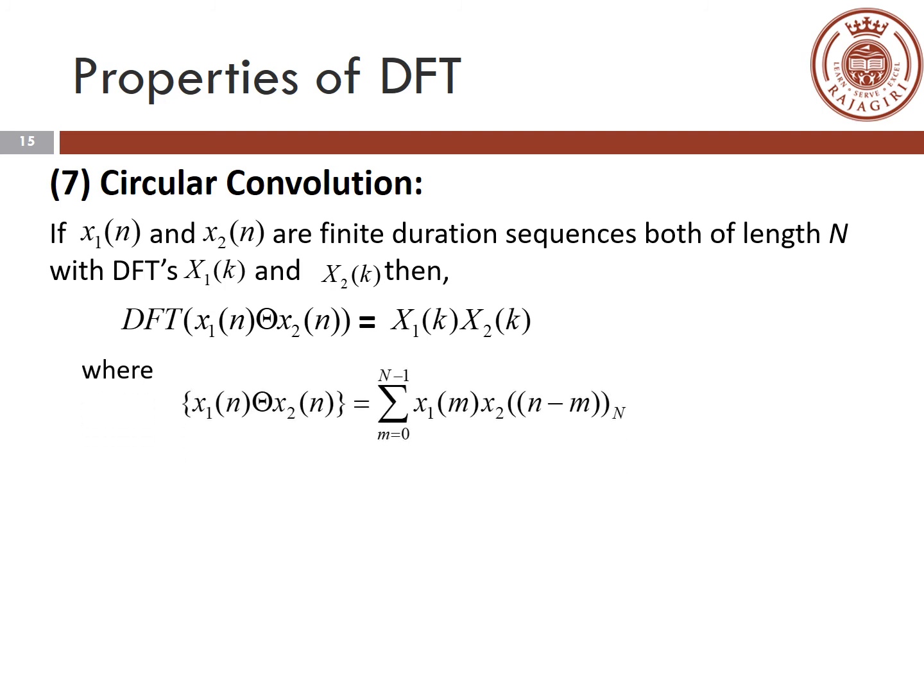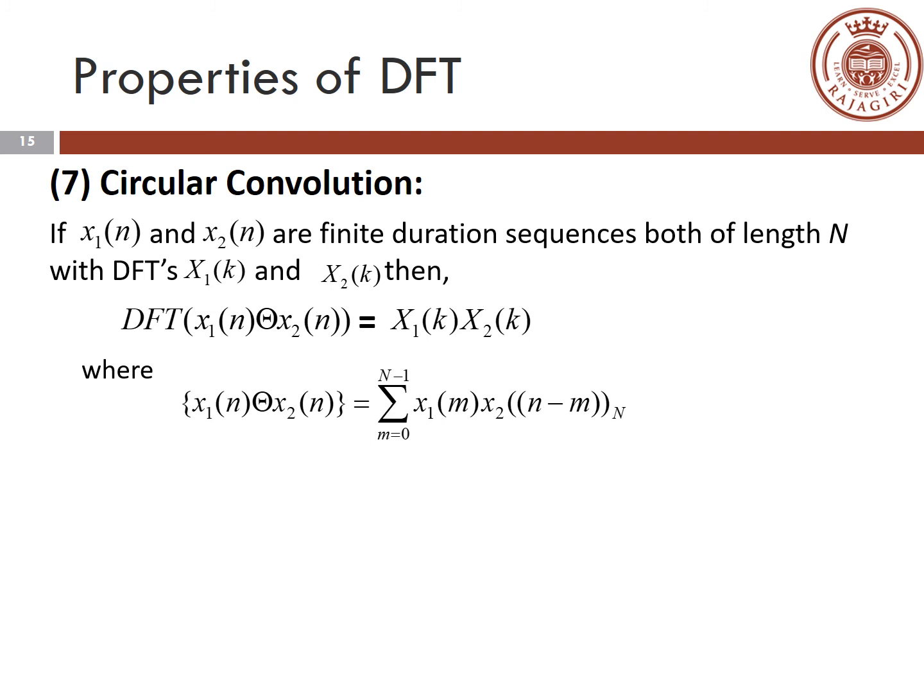The equation seems very similar. A normal convolution of x1 of n and x2 of n is the sigma over k equal to minus infinity to infinity of x1 of k x2 of n minus k. That is the normal convolution equation.